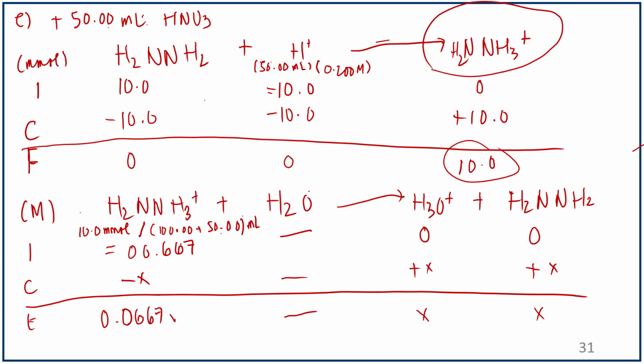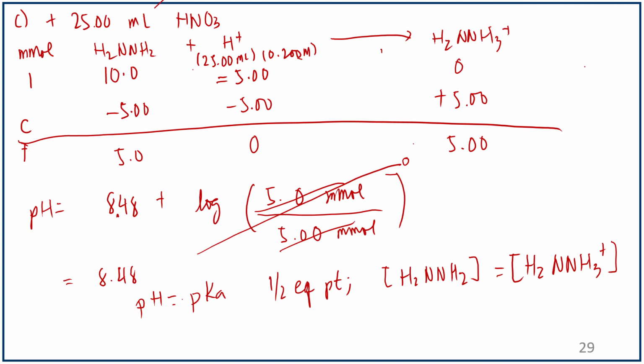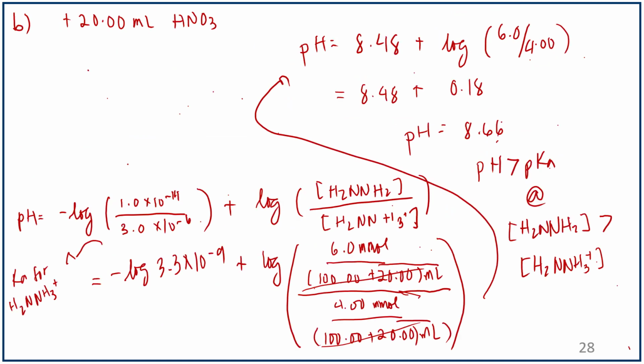Let's just assume that 0.0667 minus x can be approximated as just 0.0667, wherein basically x is negligible. We've actually calculated already the value of Ka. We did that here in part B. This is the value of Ka of hydrazonium, so that's 3.3 times 10 to the negative 9.